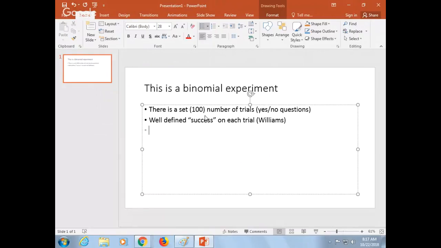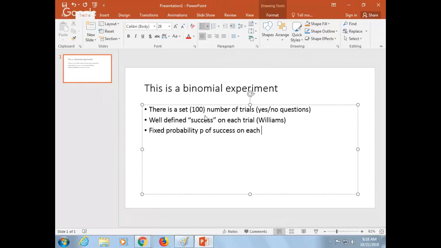There is a fixed probability, p, of success on each trial. Notice my p is a lowercase p, because in this problem, unfortunately, little p's and big P's are going to float around within the same space, and we just have to get used to that. We realize we're thinking about two things.